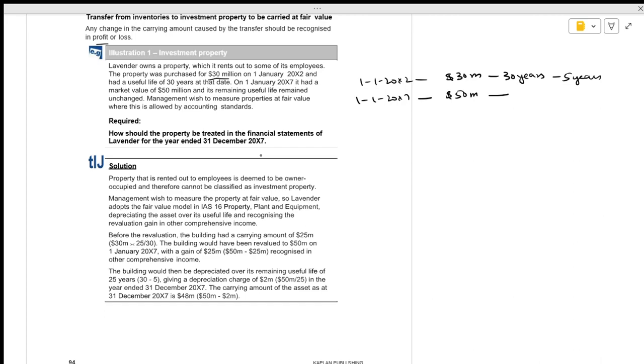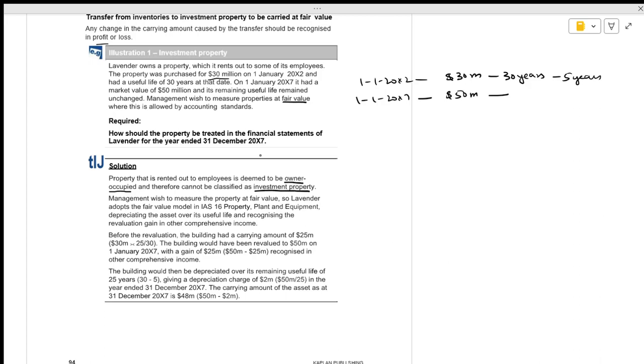Management wishes to measure properties at fair value where this is allowed by accounting standards. What is the requirement? How should the property be treated in the financial statements? See, property that is rented out to employees is deemed to be owner-occupied. The message is very clear: Lavender owns a property, and if it is owner-occupied, it cannot be classified as investment property.